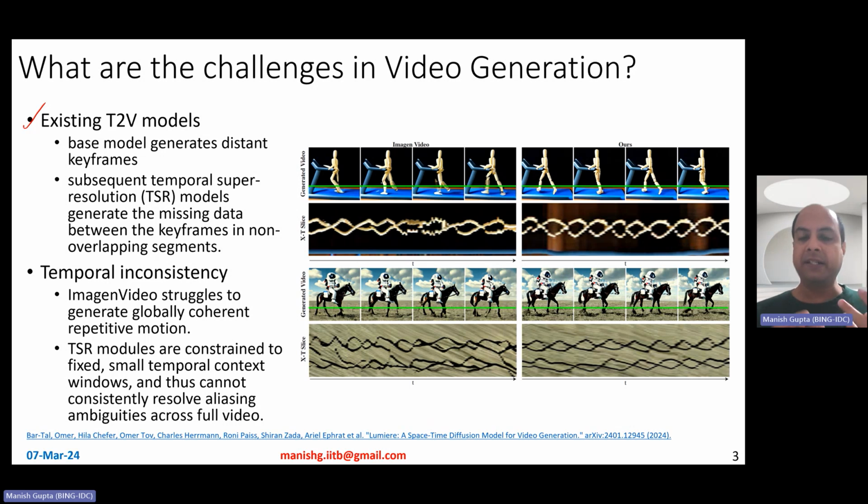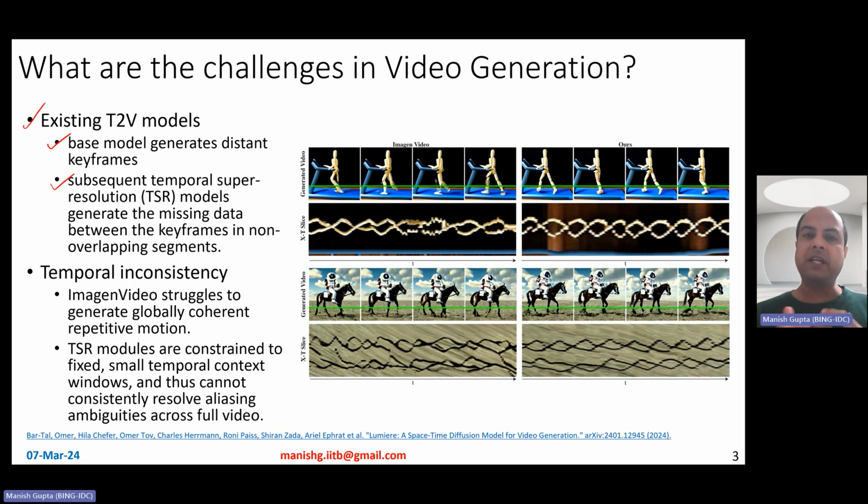The base model generates the distant keyframes, so the keyframes that it generates are far away from each other. Then there is a temporal super resolution model, which increases the number of frames per second, trying to make it higher fidelity. It generates the missing data between these keyframes in non-overlapping segments. It takes those segments and tries to fill in between the keyframes.